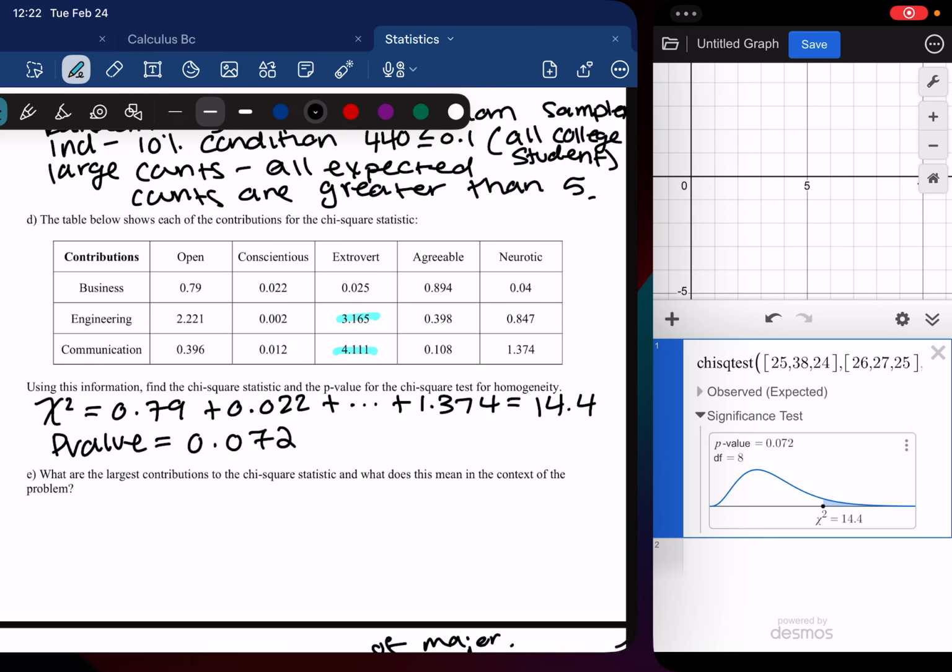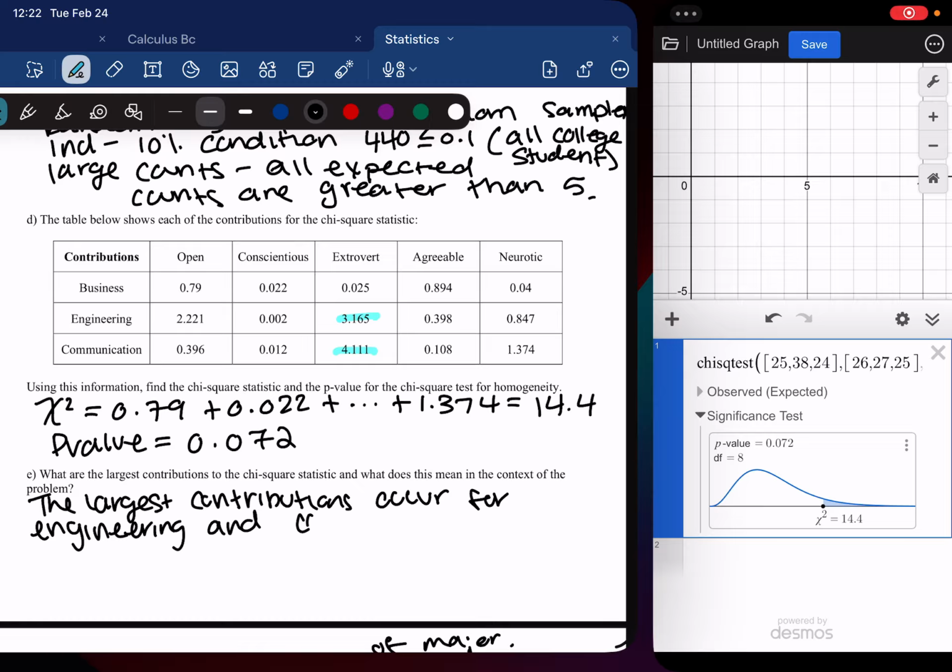Okay. So first we identify them. So the largest contributions occur for engineering and communication majors who are extroverts.